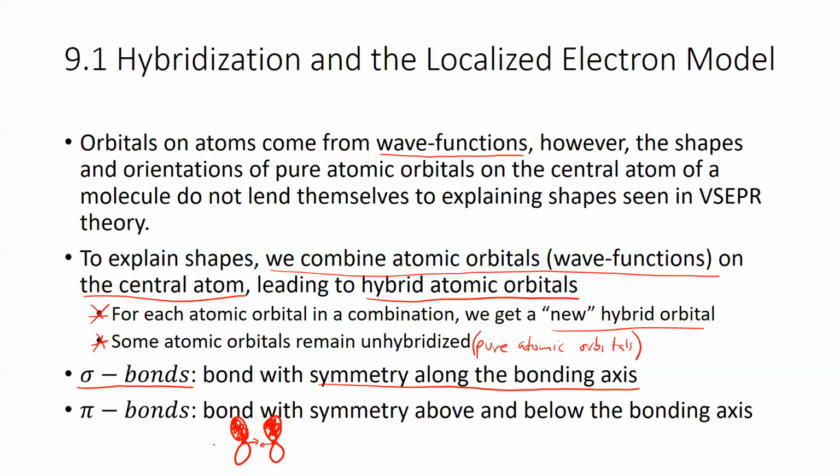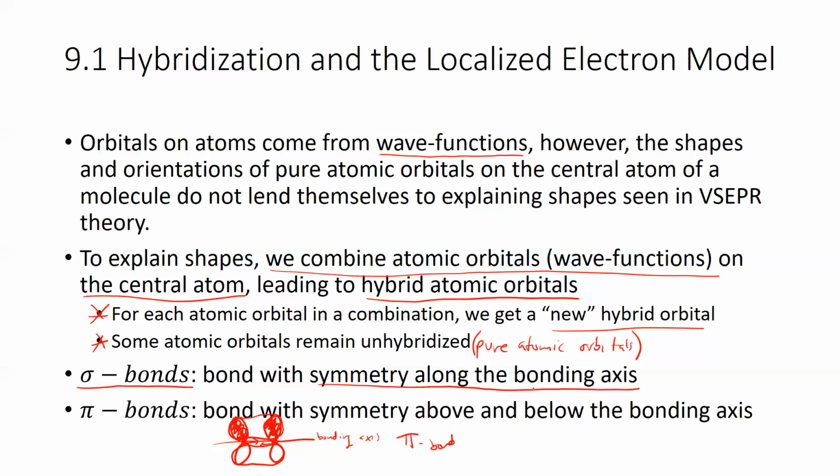And in this case, they're not going to be overlapping on the bonding axis. Okay, what they'll wind up doing is as they come closer together, the overlap will be above and below the bonding axis, okay? And so that's going to lead to what we're going to call a pi bond, okay? So a pi bond is the other type.